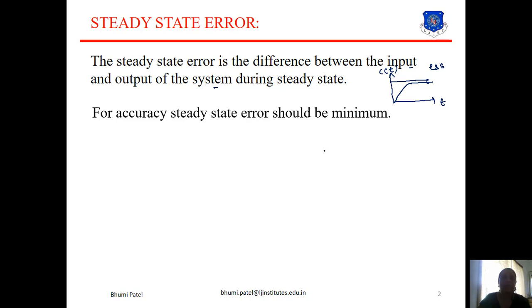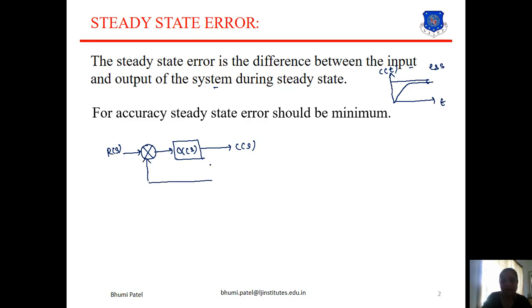Now how can we find the steady state error equation? For that we take one closed loop system where G of S is our system, R of S is our input signal, and C of S is our output signal.